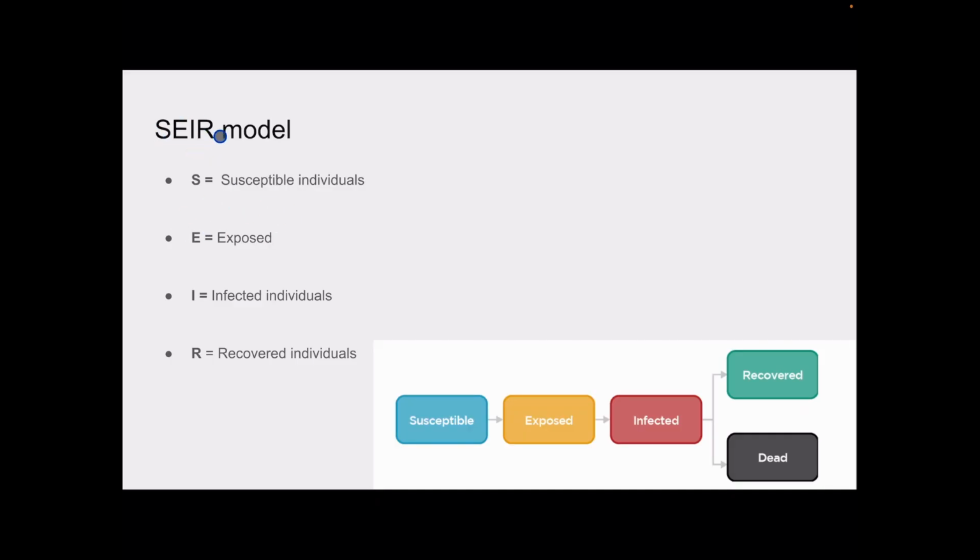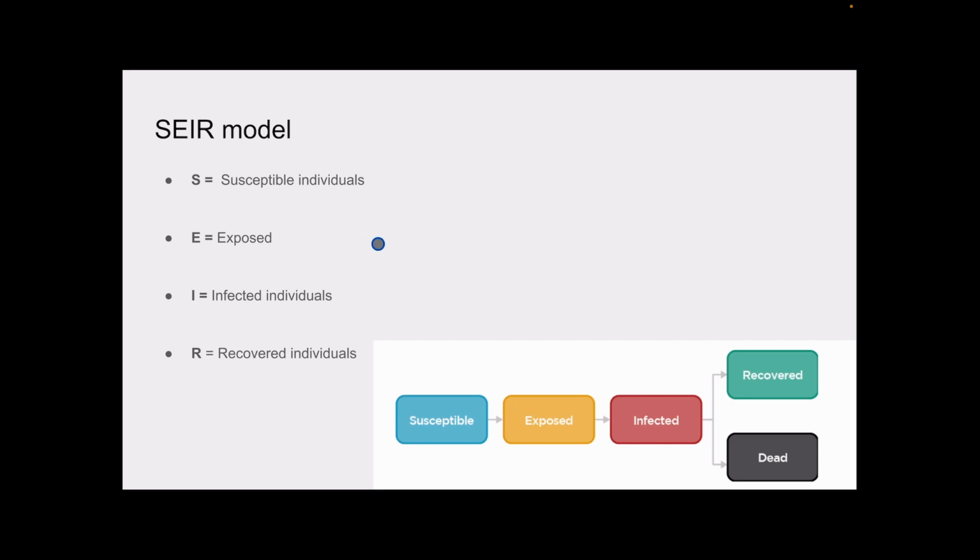So in the SEIR model, we have the susceptible individuals, individuals that are prone to getting infected but haven't been infected yet. And then we have a new piece here, which is the exposed, which basically stands for you've been exposed but aren't infectious, right?